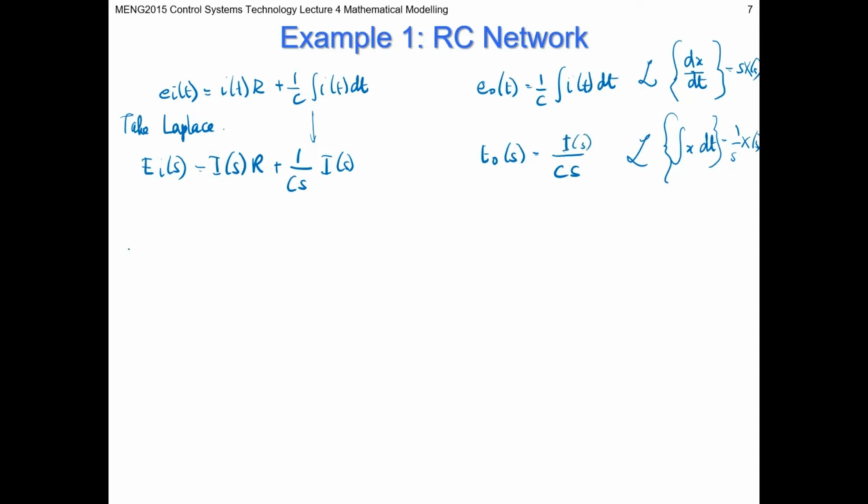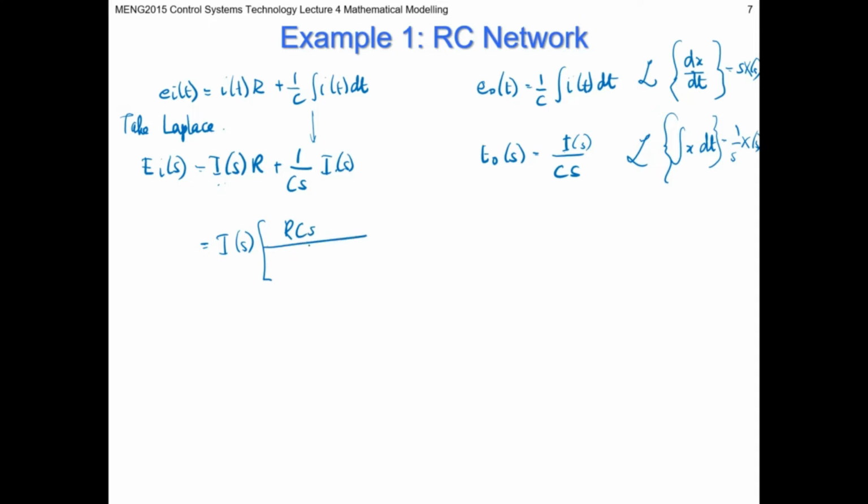Right, so what we could do now is slightly rearrange each of these terms, because we've got two I's here. Let's bring the I outside, and then we have R plus 1 upon Cs. We can cross multiply there.